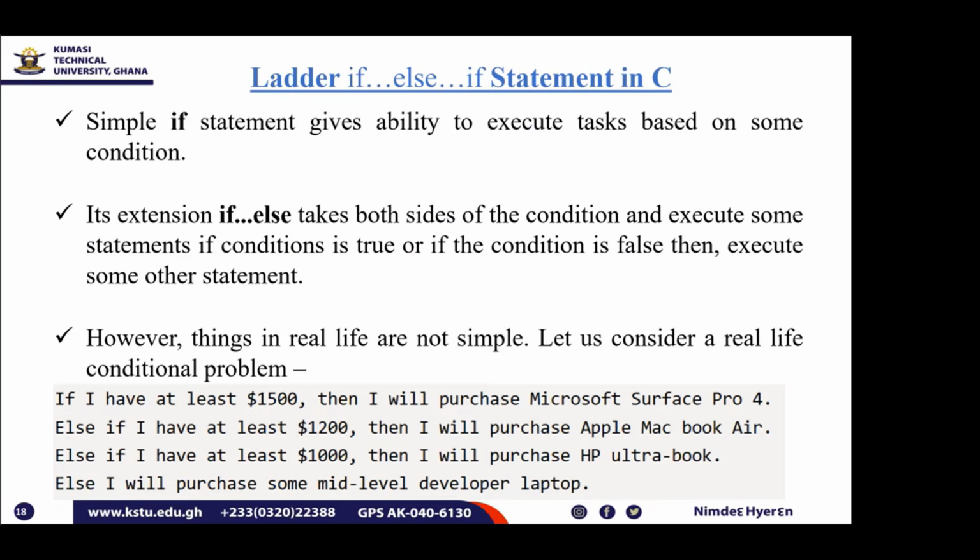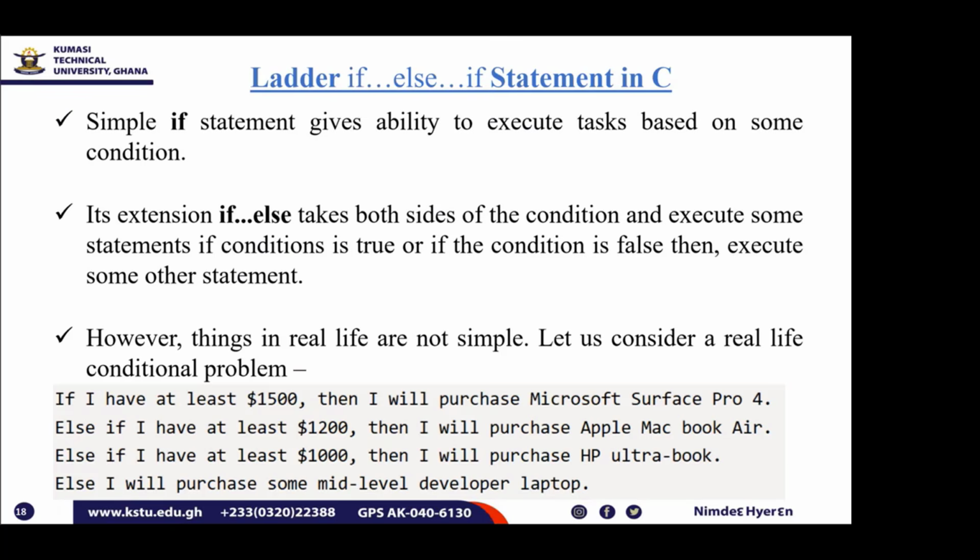So for example, you decide that if you get $1,500, then you probably get a Microsoft Surface. Else, if you don't get the 1,500 and you get 1,200, you would go and buy a MacBook Air.